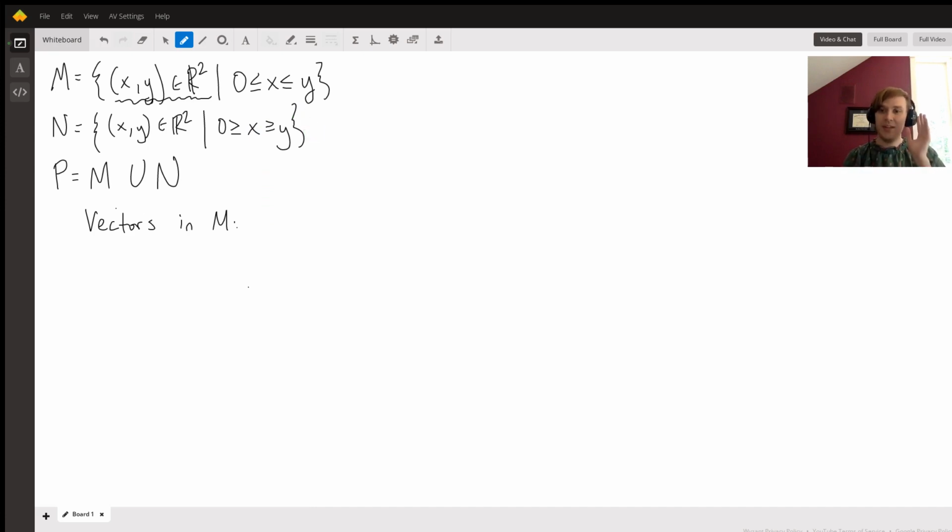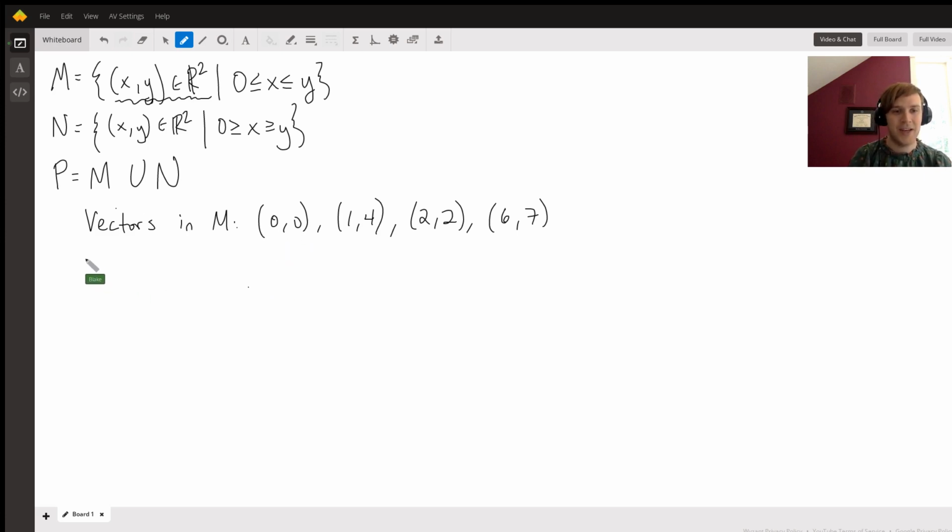And the x-coordinate has to be less than or equal to the y-coordinate. So let's think of some examples of that. Maybe (0, 0) is an example, or (1, 4), or (2, 2), or (6, 7). These are all examples of vectors that are in M, because notice that all the coordinates are either 0 or positive. And the other thing is that the y-coordinate is always greater than or equal to the x-coordinate.